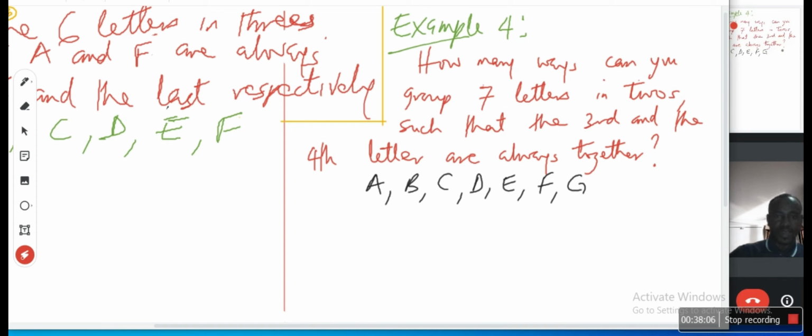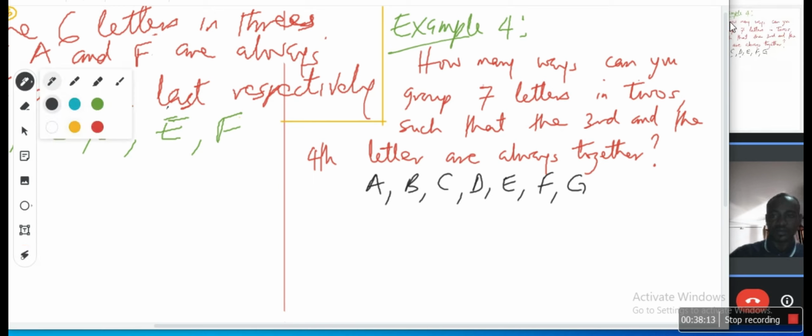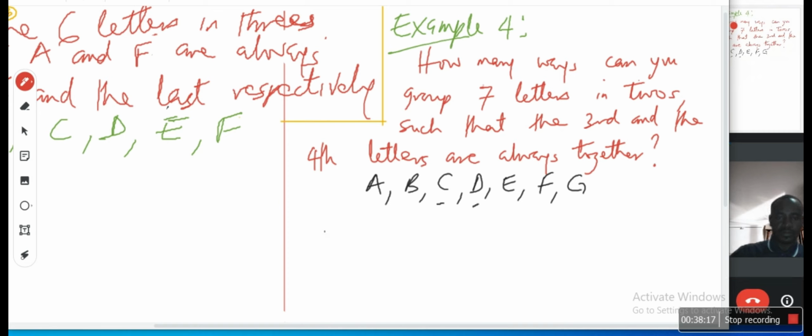Yes, so how many ways can you group 7 letters in twos such that the third and the fourth letters are always together? So about this arrangement. Remember, it's a grouping thing.